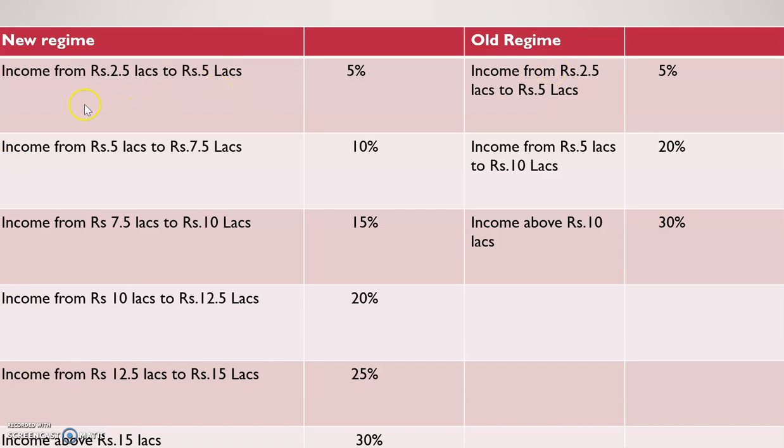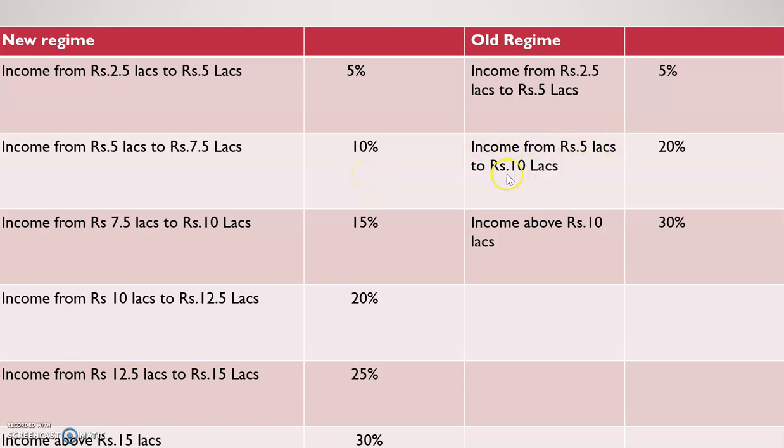As we can see that there is a tax income bracket. First income bracket is income from 2.5 lakhs to 5 lakhs, and there the 5% taxation rate applies. In the old regime it was a similar thing. Income from 2.5 to 5 lakhs, it was 5%. Coming to the income bracket of 5 lakhs to 7.5 lakhs, the rate of taxation is 10%.